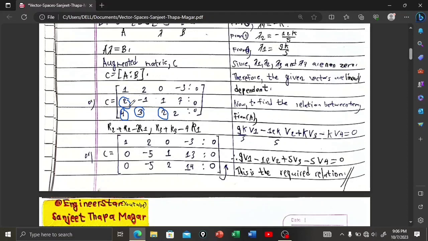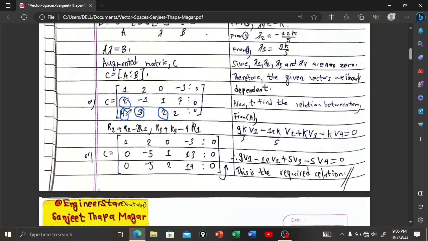To make 0 here, we apply R2 goes to R2 minus 2 R1, that is 2 minus 2 is 0. Here also, minus 1 minus 2 times 2 is minus 5, 1, and 7 minus 2 times minus 3 is 13, and 0.